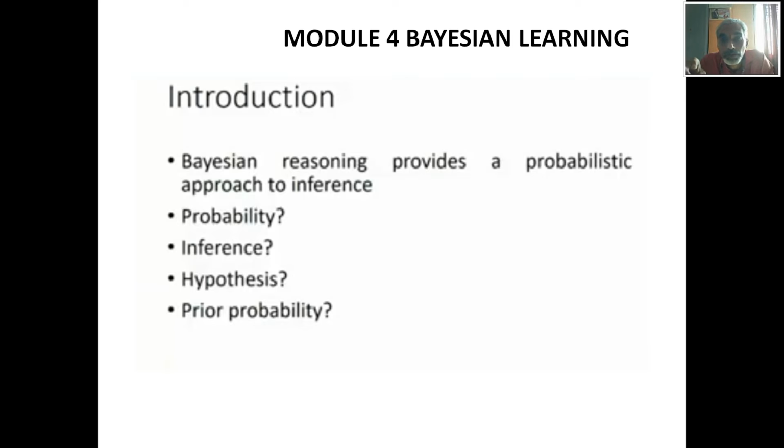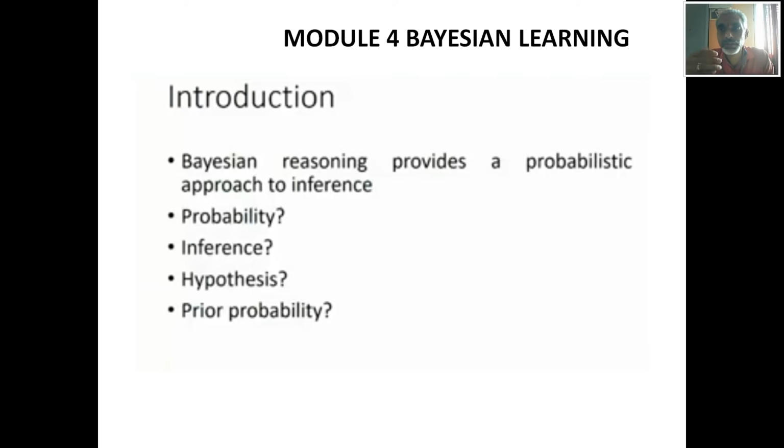When you roll a dice 10 times, based on the statement you have made and the likelihood of occurrence, you can say that this particular hypothesis I can select, or you infer something. That is what we call probability and inference.